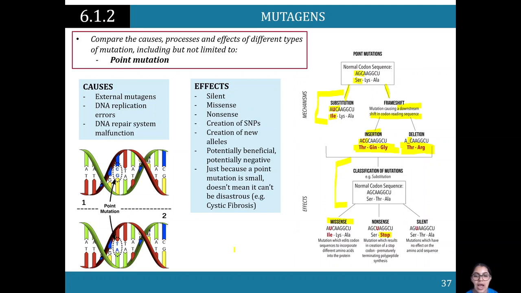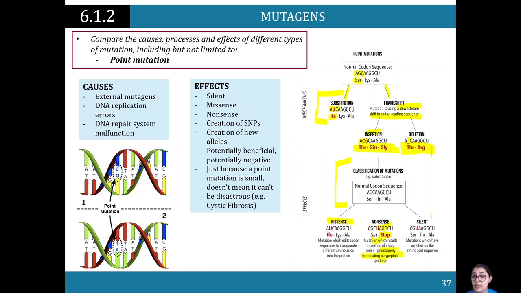It should pop up, and you could see, for example, that the codon here, AUAG, is a stop codon. That is telling us that the process stops. As you can see, it has prematurely stopped it, and it has prematurely terminated the polypeptide synthesis.